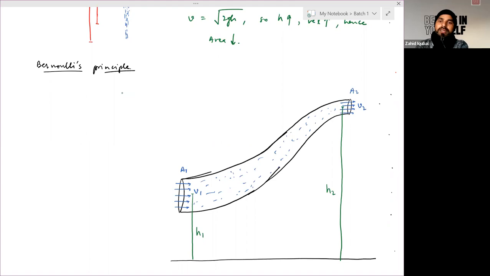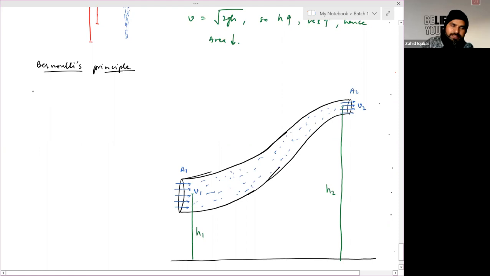Second, it should be incompressible. Third, energy should be conserved. And fourth, there will be no variation of gravity due to change in height. It means H1 and H2 should be very small so that gravity should be constant. So at any instant for the flow of this liquid in this tube, sum of pressure, kinetic energy per unit volume, and potential energy per unit volume would be always constant.